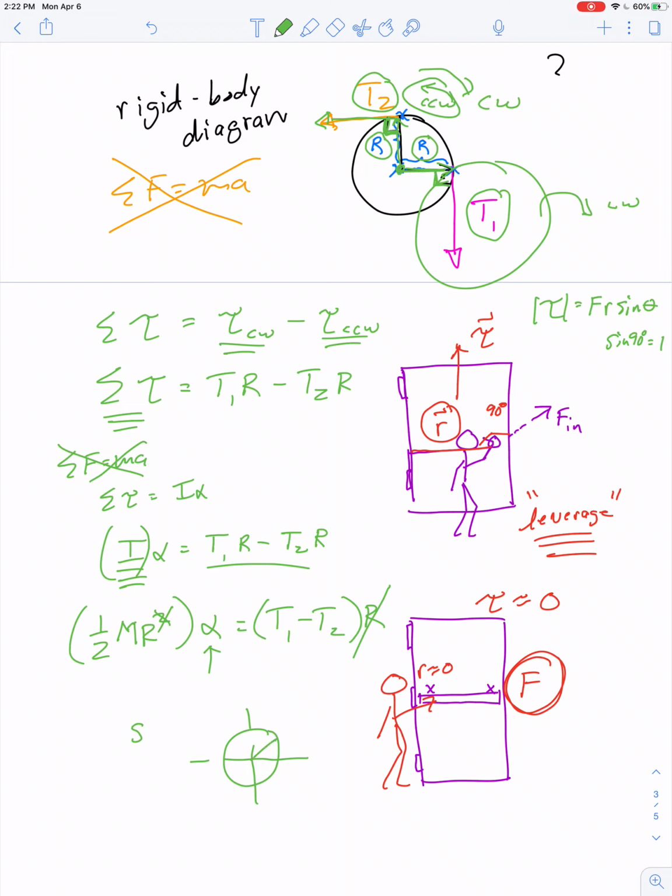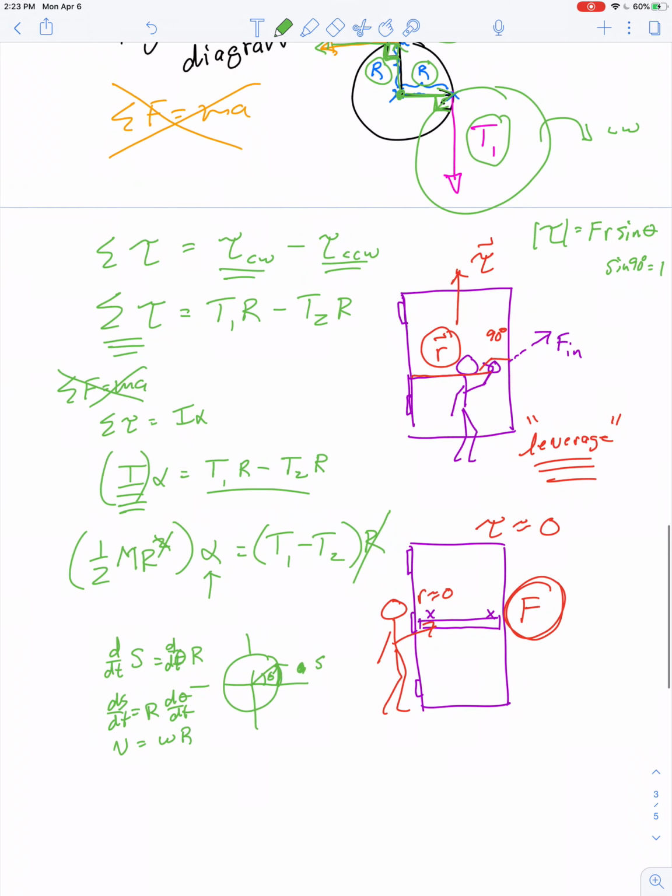the displacement along the perimeter of a wheel is called S when the angle is theta, and S equals theta times r. If I take the derivative of both sides of that equation, then I get ds/dt equals r d theta/dt, but that's just the same thing as saying v equals omega r.